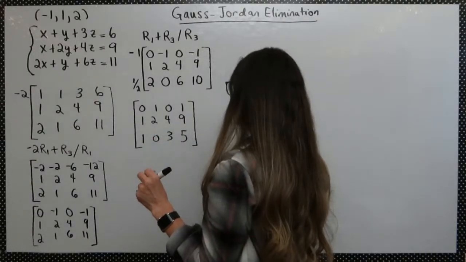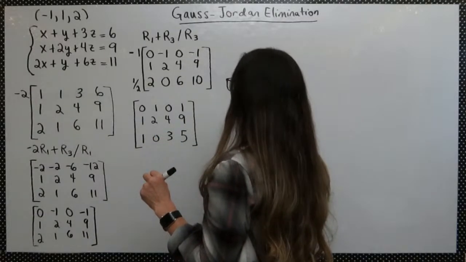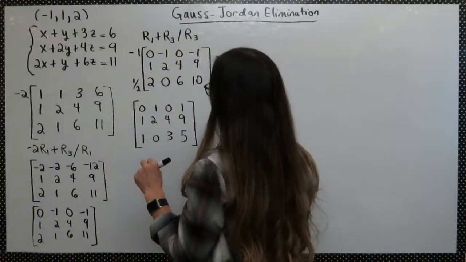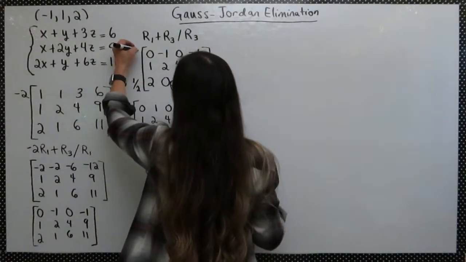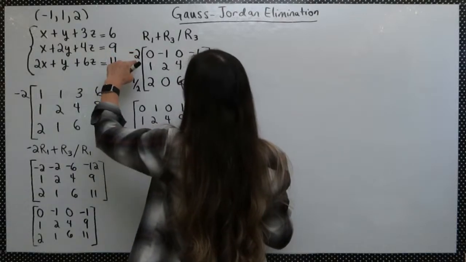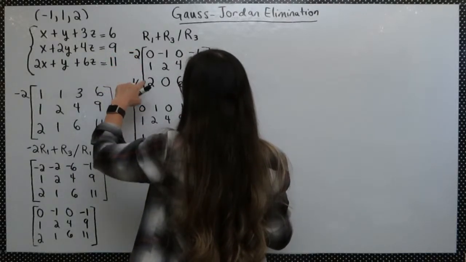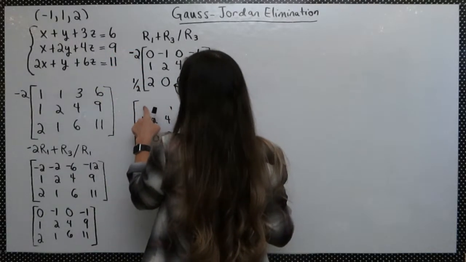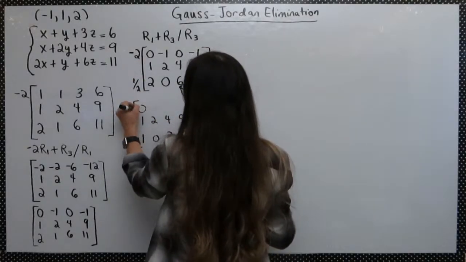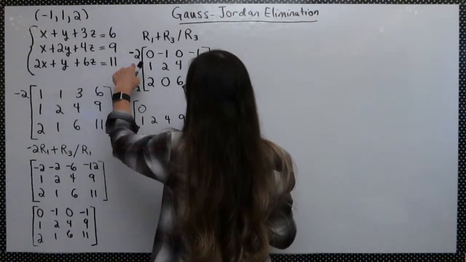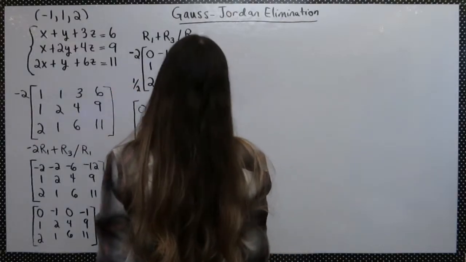So what I need to do now is, that did me no good. I need to multiply this one by a -2. So let me back up and do that here and change my mind. So this becomes -2 times 0. Wait, I'm getting ahead of myself.